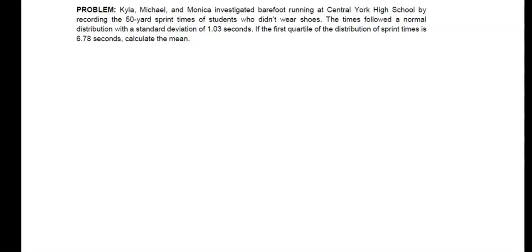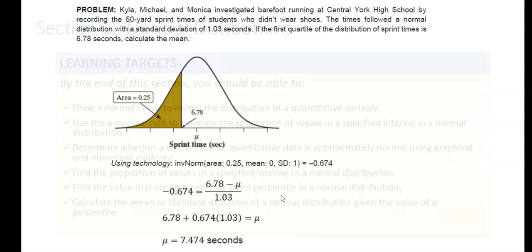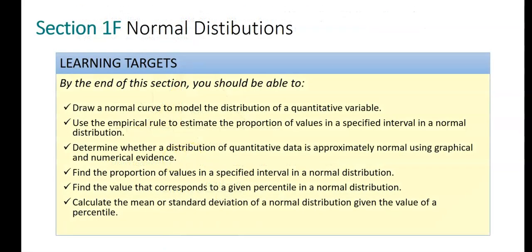We know that the value in the formula is 6.78 minus the mean, m, over standard deviation 1.03. So you just set it up and solve that equation right there. Just use algebra or the solve command and you get 7.474 seconds. That's your lesson for today.